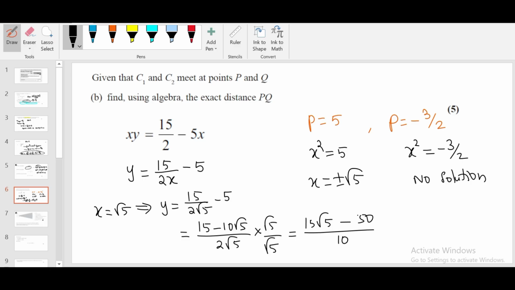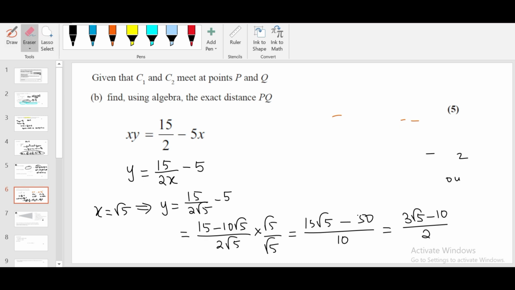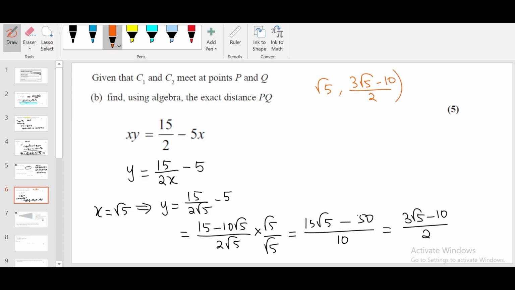Take 5 as a common factor and cancel out. You'll get (3 root 5 - 10)/2. That's the value of y. Now that's the first point: root 5 for the x coordinate, (3 root 5 - 10)/2 as the y coordinate.